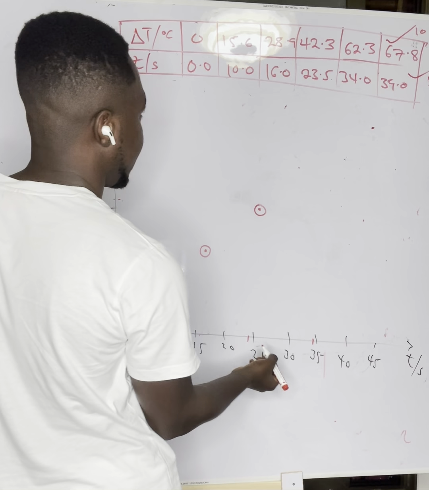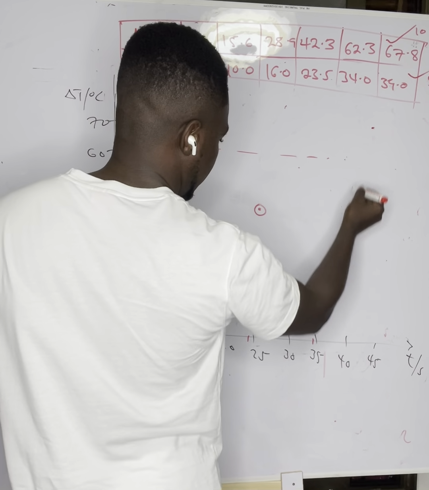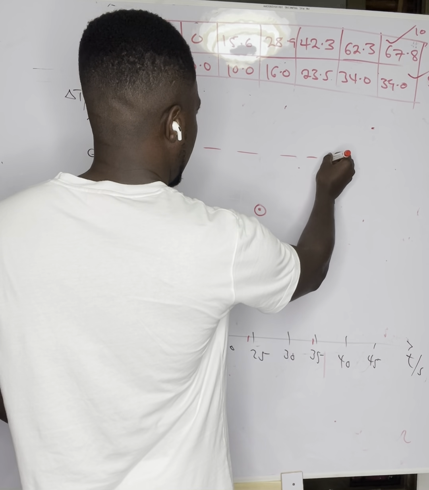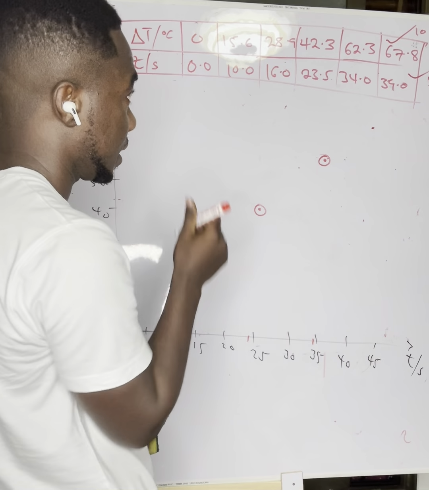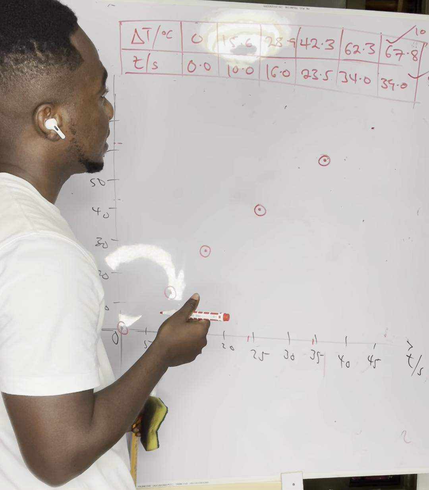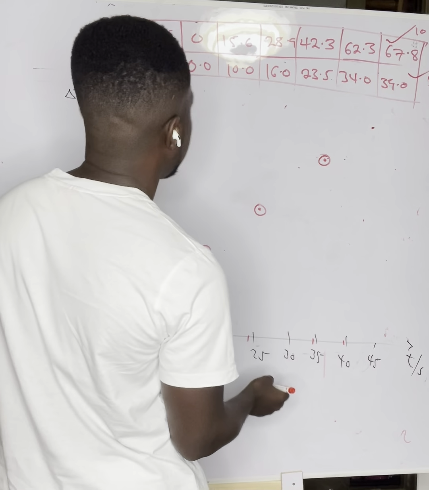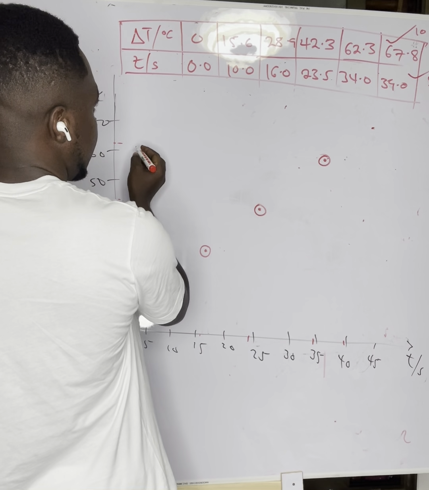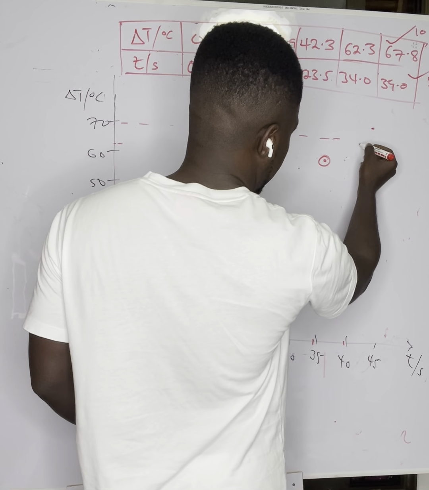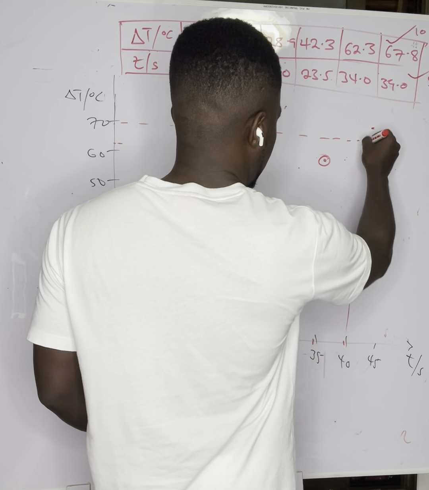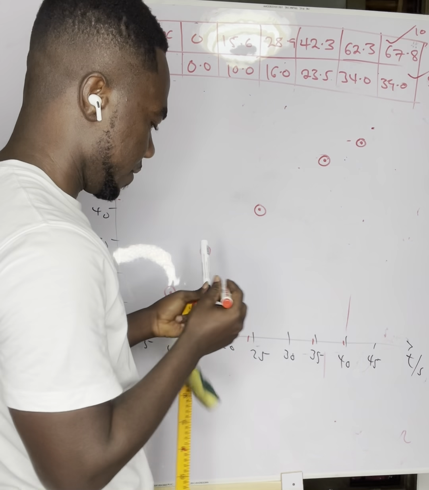So 34 here, 62.3 somewhere here. Okay. Then 39.0 against 67.8. So 39 somewhere here. 67.8, more like 68. Okay. So now we are done plotting.